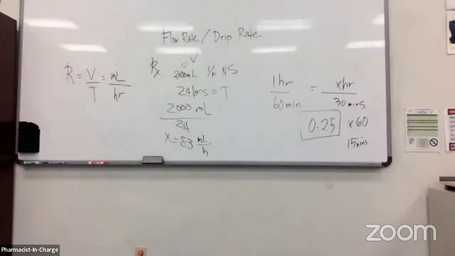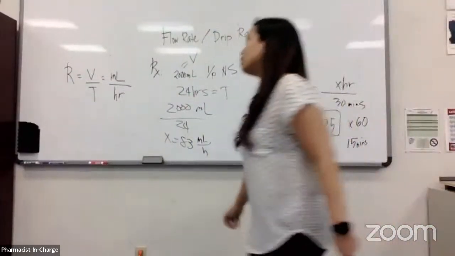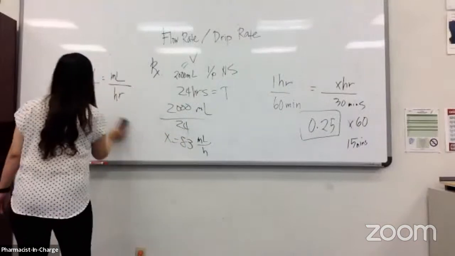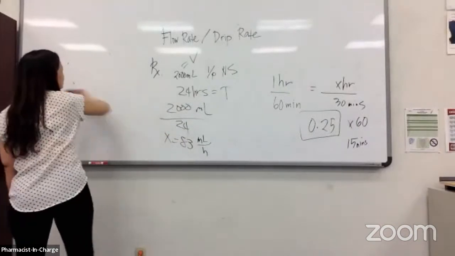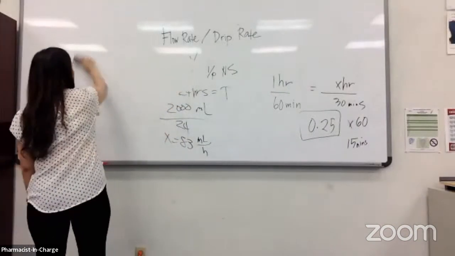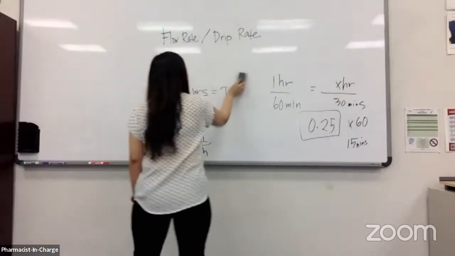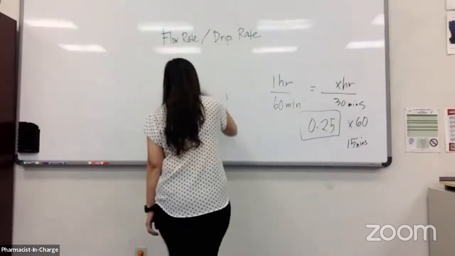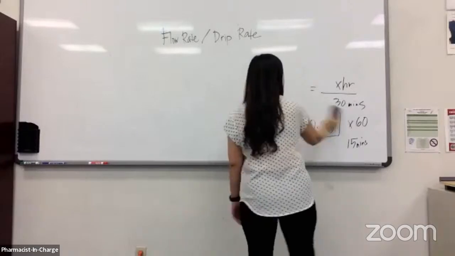Here comes the big packet. Manual IV calculations. I'm going to have to erase this and talk about the next formula. R equals V over T times C. Here comes your drip rate. This is when it gets a little bit confusing.